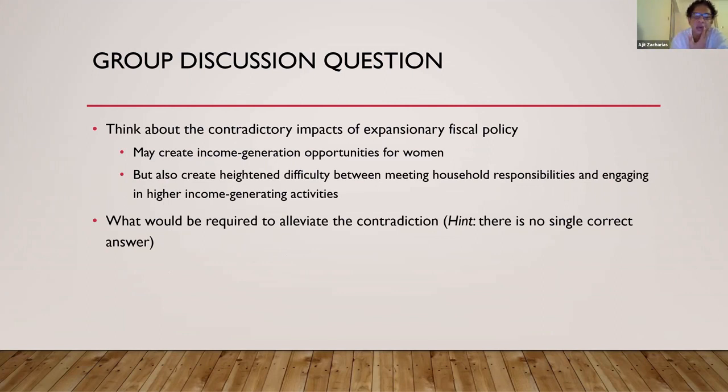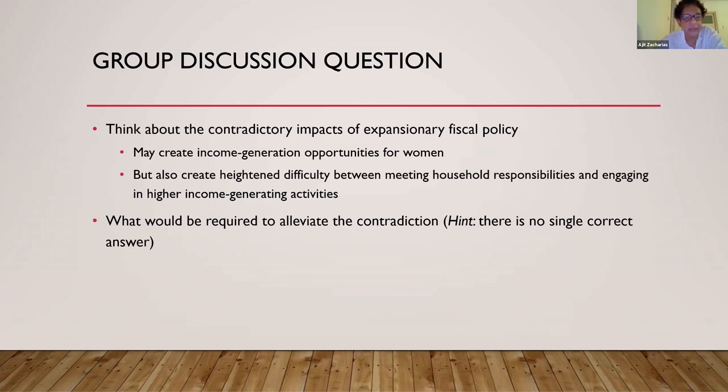The first one is to think about the contradictory impacts of expansionary fiscal policy that addresses say ECE or road improvements. It can create income generation opportunities for women, because even building the ECEs, a lot of women will find jobs in those facilities, right?